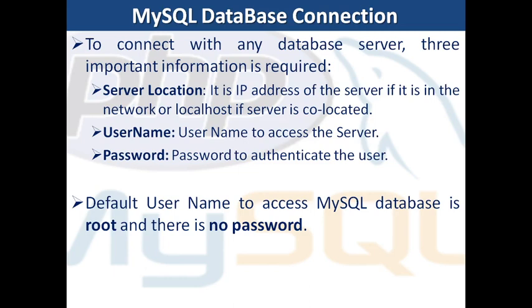Server location can be the IP address of the server if it is in the network, otherwise localhost if it is co-located. Then the username to access the server, and then the password to authenticate. Here, the default username to access the MySQL database is root and there is no password.